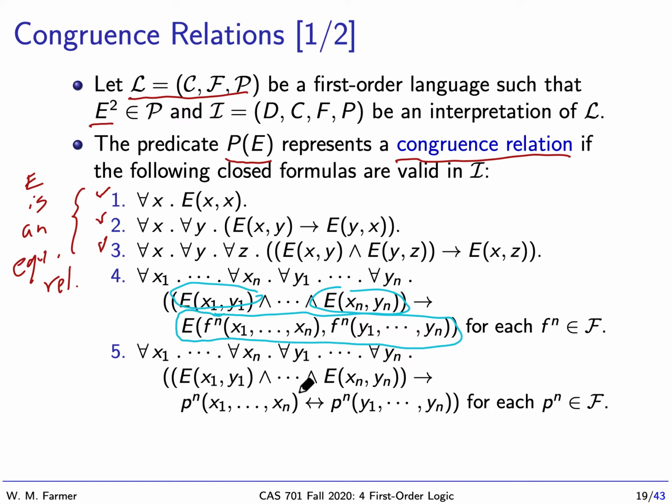And there's something similar with the predicate symbol, except here we'll say that this application is equivalent to this if the corresponding arguments are equivalent. Now, when we think of equality, we think of it as an equivalence relation. We think of it working like this. And we would really like equality to work like this.